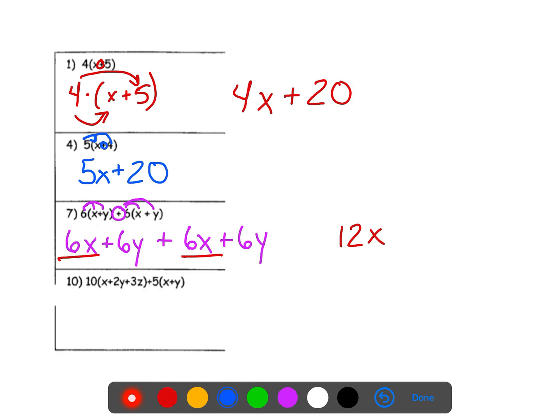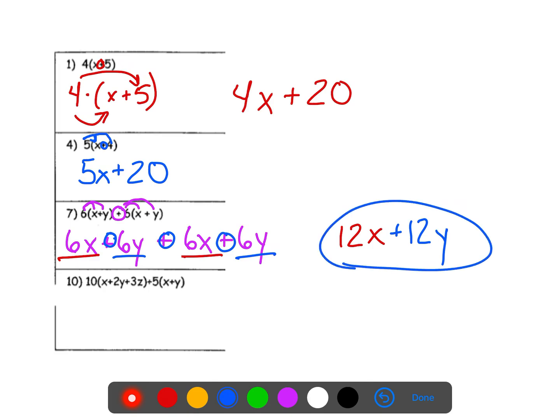The same goes with the y's. I have 6 y's and 6 y's, so I should just combine that into 12 y's. And because everything's been added here, I'm just going to stick an addition sign between those. This would be the best way to write that, a simplified version of all of these terms.